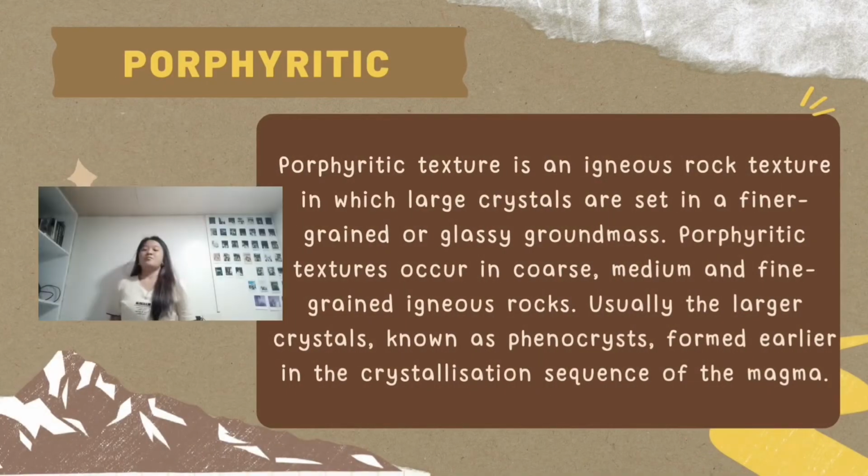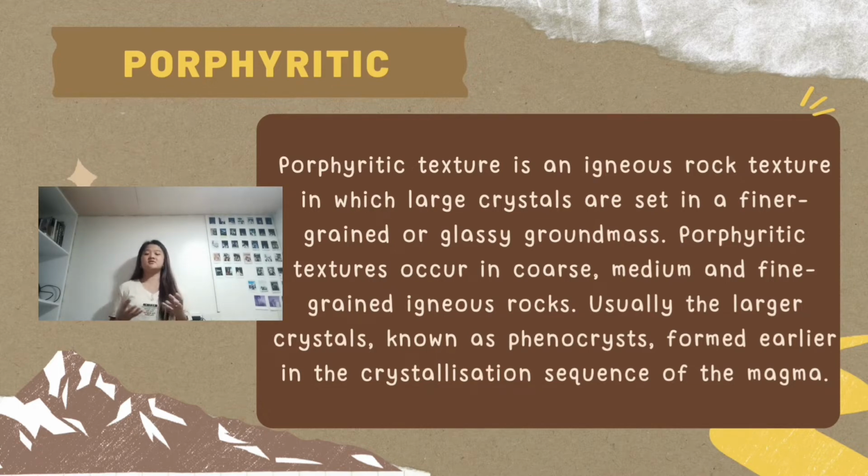Depending on the size of the phenocrysts, the texture is sometimes classified as megaporphyritic or microporphyritic. Porphyritic. Porphyritic texture is an igneous rock texture in which large crystals are set in a finer grained or glassy groundmass. Porphyritic textures occur in coarse, medium, and fine-grained igneous rock.